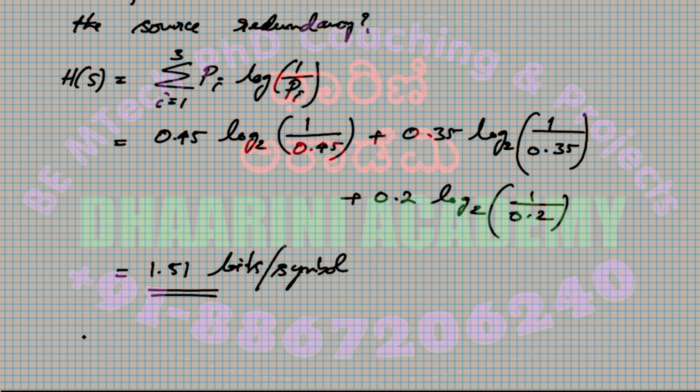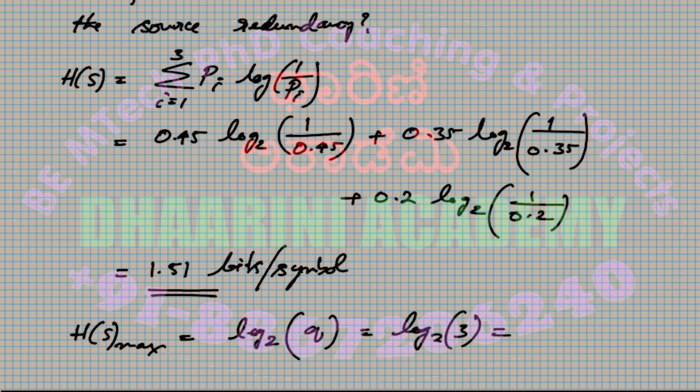Okay. So now we need H(S) max, the max possible value. If you see the concept we studied yesterday, this is simply log to the base 2 of the number of symbols q. In this case, 3 symbols we have. So simply you calculate log to the base 2 of 3.